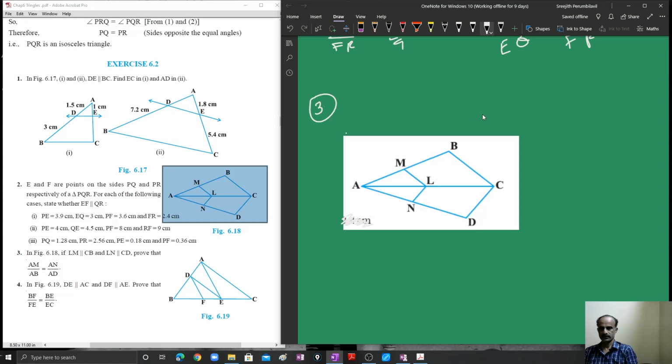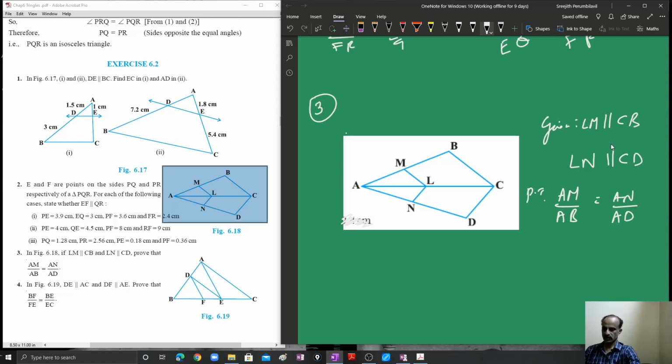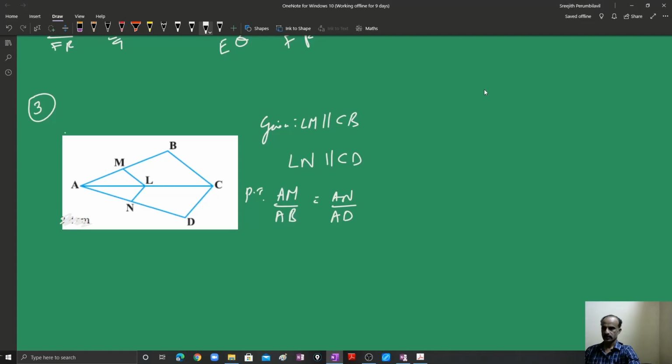What is the given part? LM is parallel to CB and LN is parallel to CD. Prove that AM divided by AB is equal to AN divided by AD. This is what is to be proved.